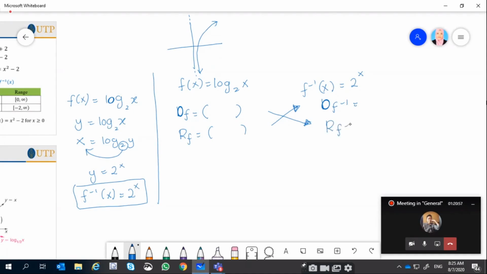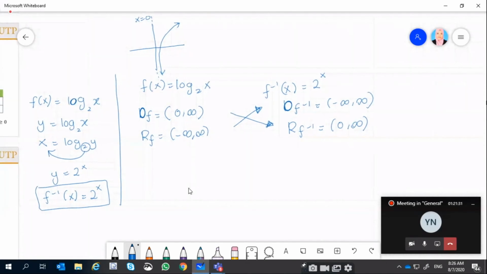The domain is zero to positive infinity. Very good. And the range is all real numbers, negative infinity to positive infinity. To get the domain for f inverse, you just take the range of the log function, so it is negative infinity to positive infinity, and the range is from zero to positive infinity. Remember, I have to look at the graph always.